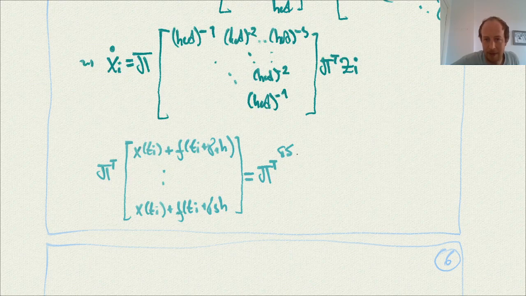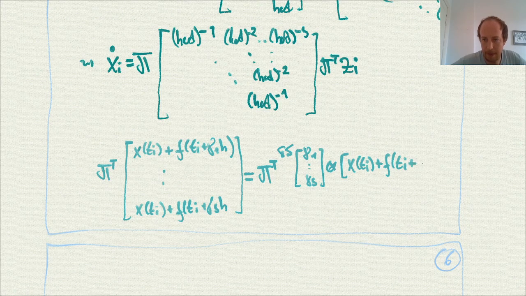So we will write this as a Kronecker product, namely gamma_1 up to gamma_s, Kronecker X of t_i plus F of t_i plus, and here's where this product will take part on t_i h.